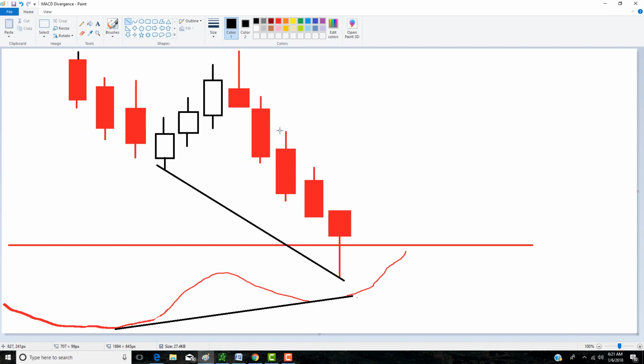Look at the wicks: lower, lower, lower. And then look at this. This MACD is higher, so the low here is higher than the low here. Well, if you look at price, look, it came down here and formed this nice hammer. This is a hammer. I'll show you something. Here it is.